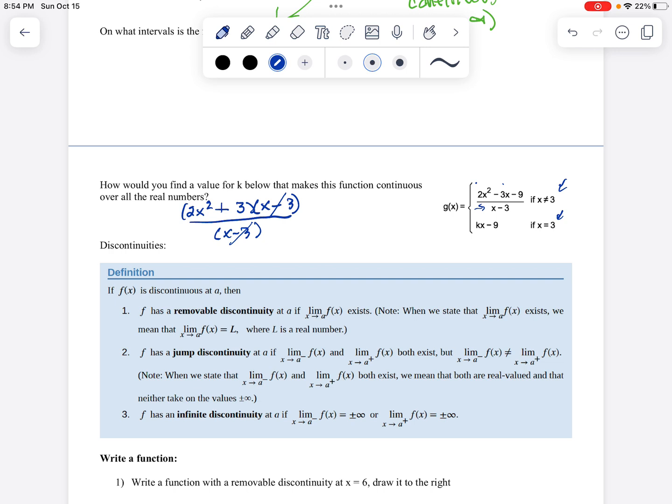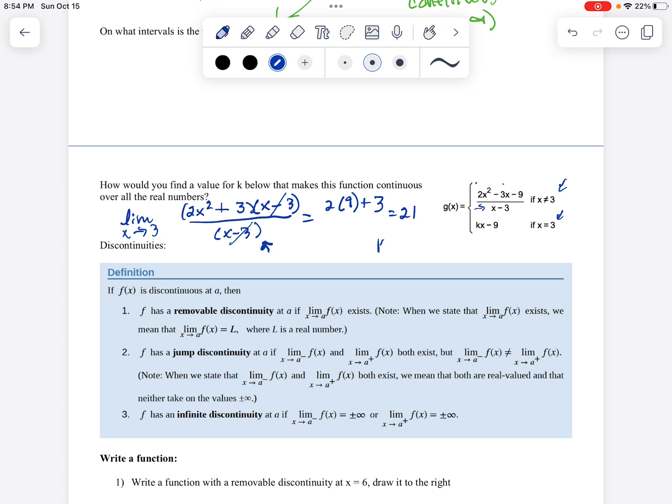So as my x approaches 3, my function is going to approach 3 squared, which is 9. My function is going to approach 21. But I'm going to have a hole there at (3, 21) because my function is undefined. So if we want it to be continuous, we have to fill up that hole.